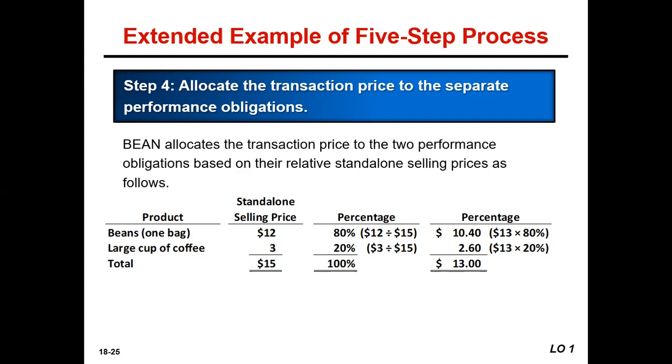And large cup of coffee, $3, that's 3 over 15, that's 20%. So BIN allocates the transaction price to the two performance obligations based on their relative standalone selling prices.